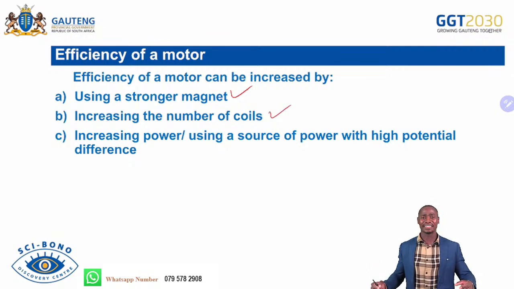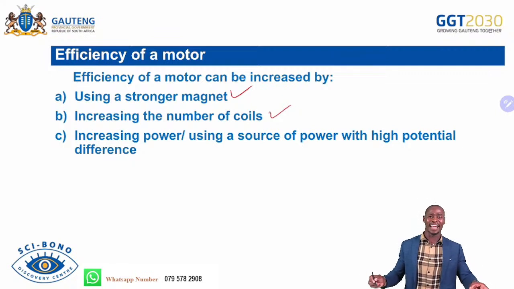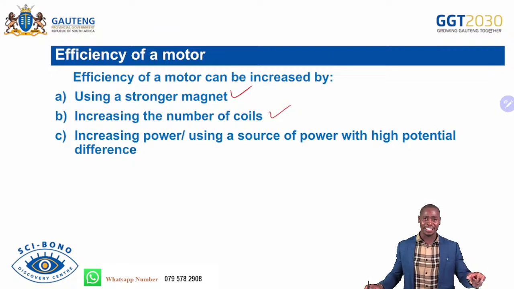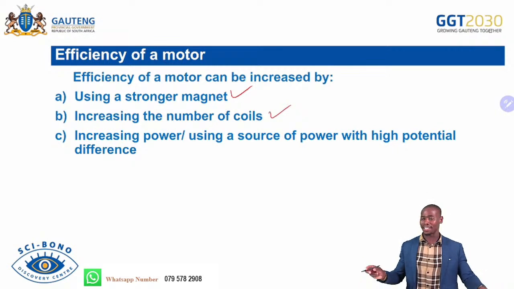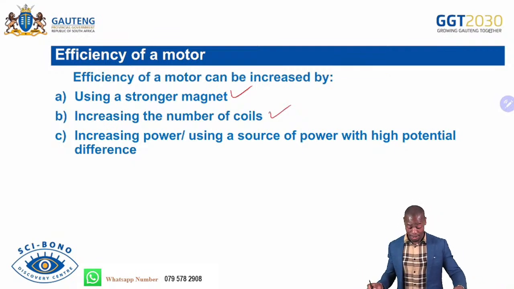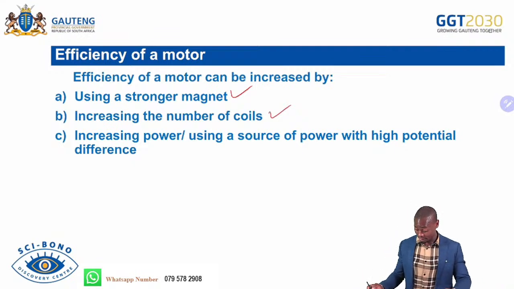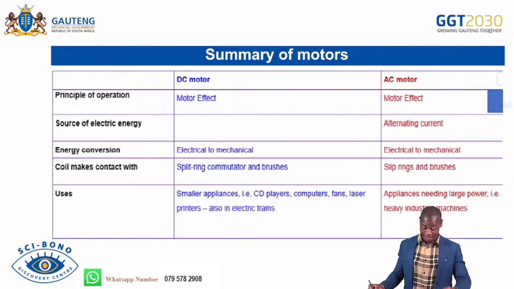How can you see that this is a generator, this is a motor, this is an AC generator, this is an AC motor? AC generator, there's no source of power. AC motor, there's a source of power. Slip rings in both. But what is the function of a slip ring in a generator? What is the function of a slip ring in a motor? That is very, very important for us to identify, right?